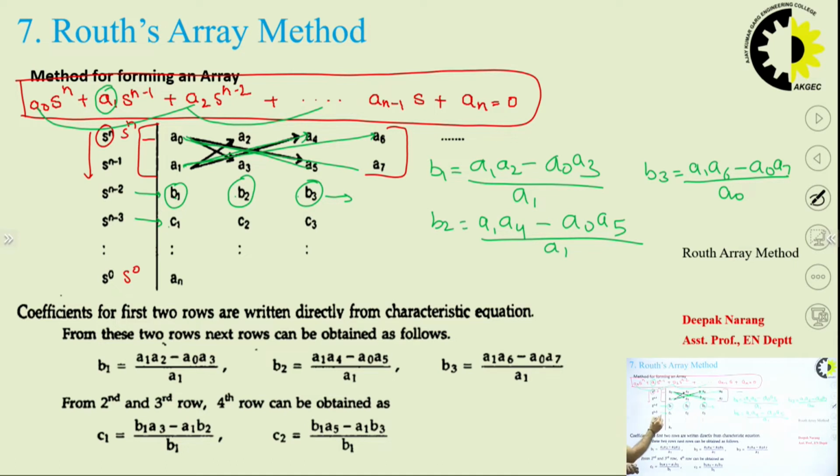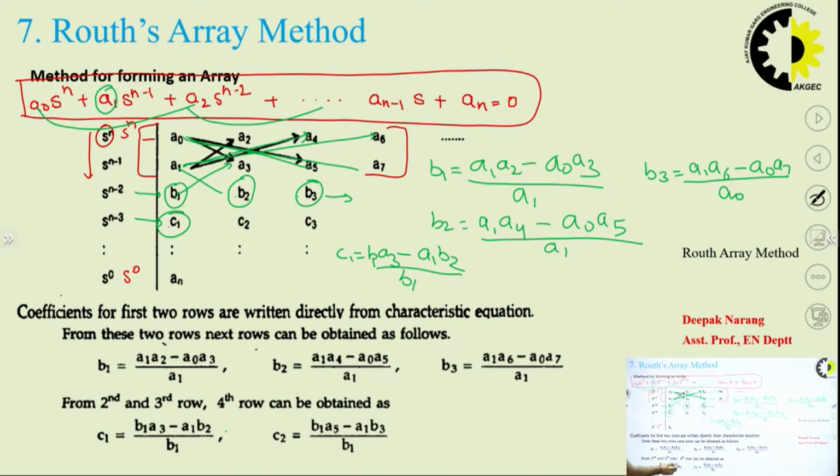Then, how is C1 obtained? C1 is obtained as B1 into A3 minus A1 into B2, divided by B1.